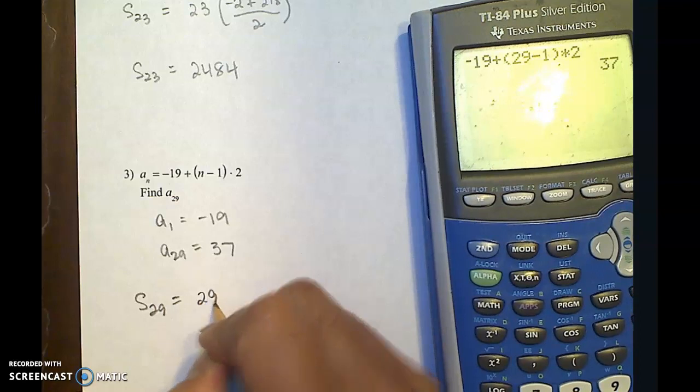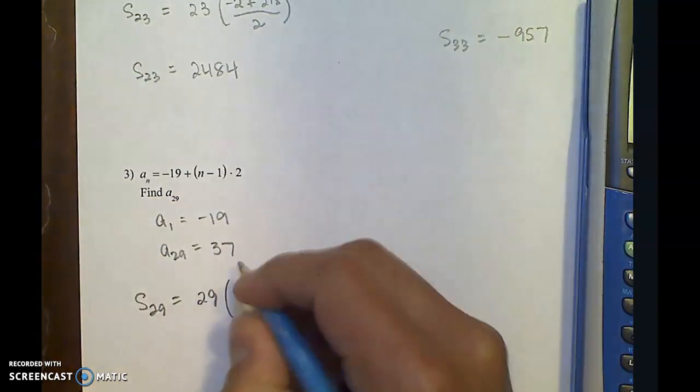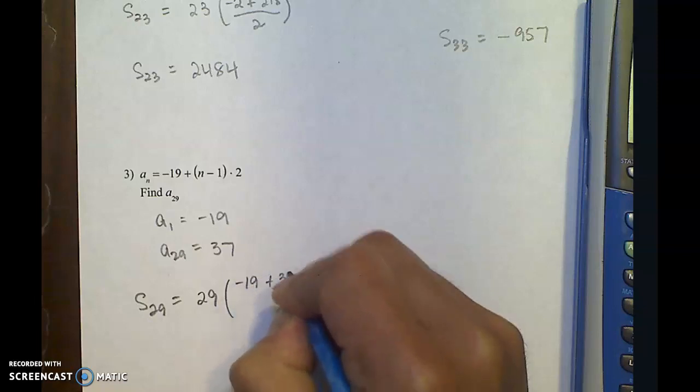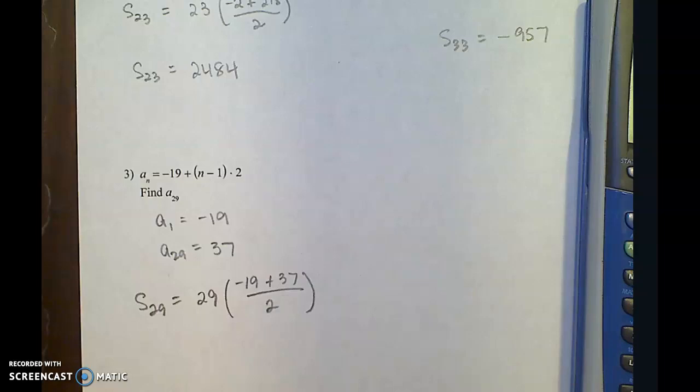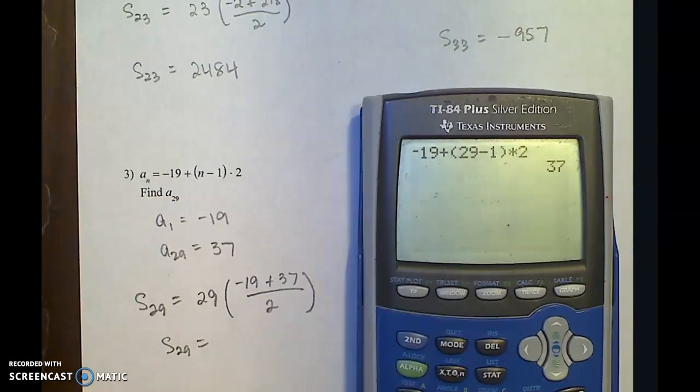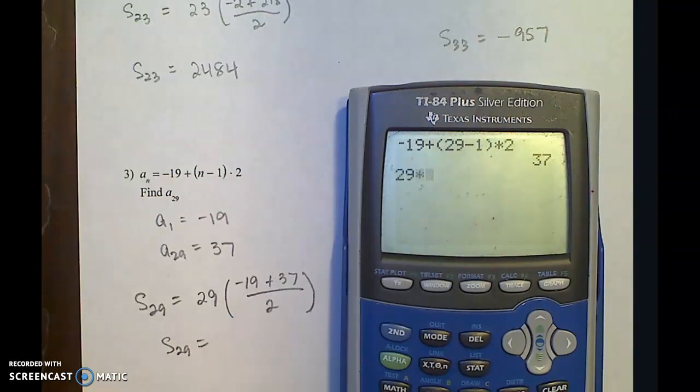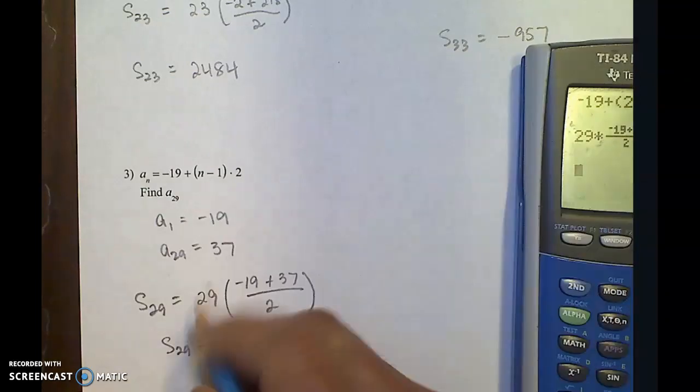So again, it's 29 times first term plus the last term divided by 2. 261 is the sum.